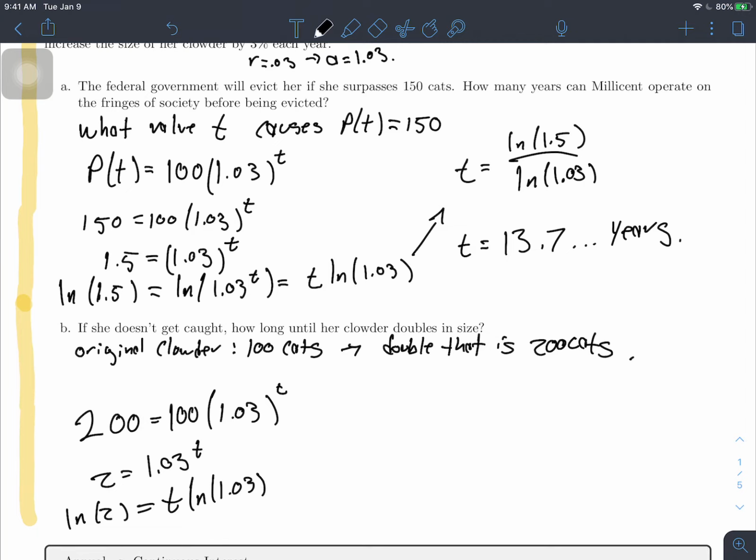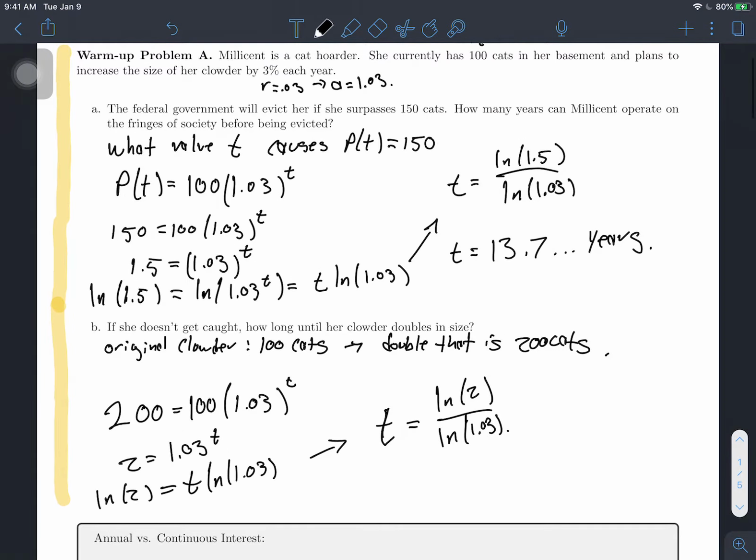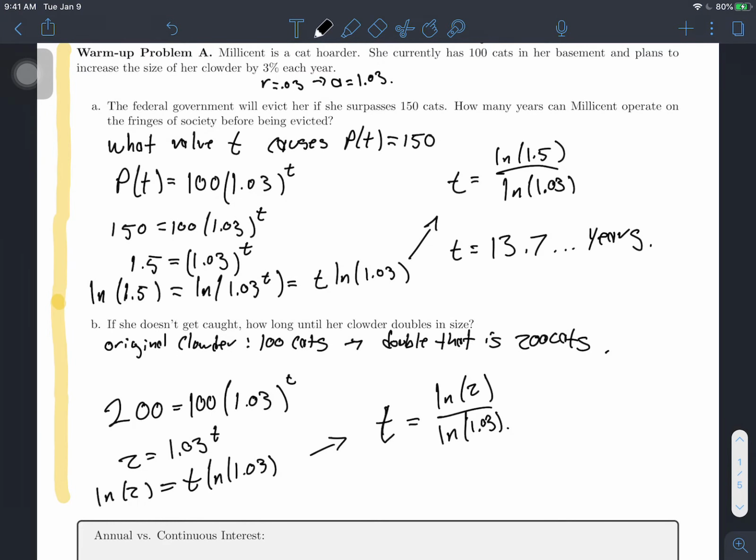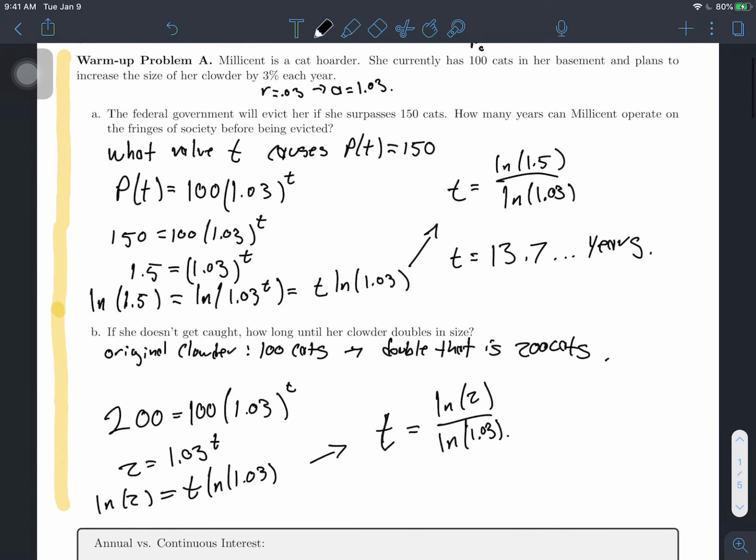Then we'll divide both sides. This will tell us that t is equal to ln of 2 divided by ln of 1.03. And if we cared overly much, we could type that into our calculator and get a result. I'll leave that up to you guys. So that is those two warm-up problems.